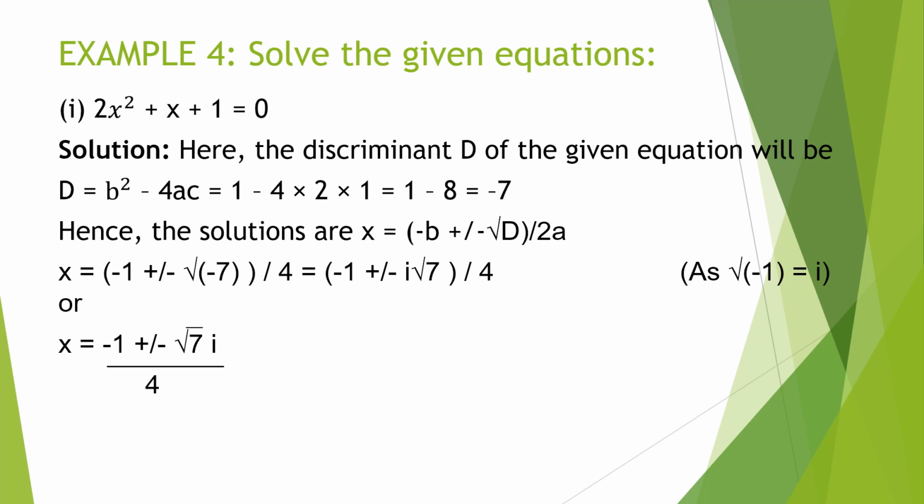Putting the values, we get the roots as x is equal to minus 1 plus or minus root 7 into i upon 4. Remember over here, what we have used is root of minus 1 is nothing but i. So for root of minus 7, we have written that as i into root of 7.